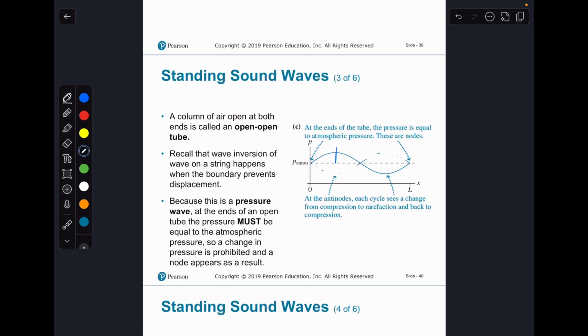Here is a plot of the open tube. You're going to have 3 different tube configurations: open-open, open-closed, and closed-closed. When you have an open tube, the pressure at the ends, which are open, is forced to be a specific value equal to whatever the pressure of the room is, hopefully 1 atmosphere.